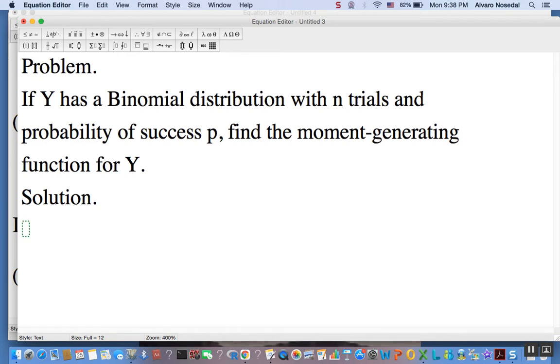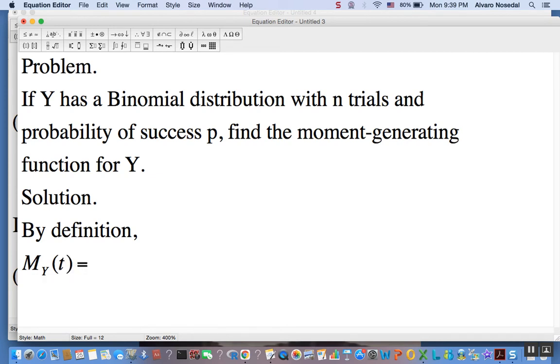So we want to find the moment generating function of y. Where would you start? Well, it makes sense that we are going to start by using the definition. So by definition, the moment generating function of y, and we want to underline that we are dealing with the random variable y, is a function of t.